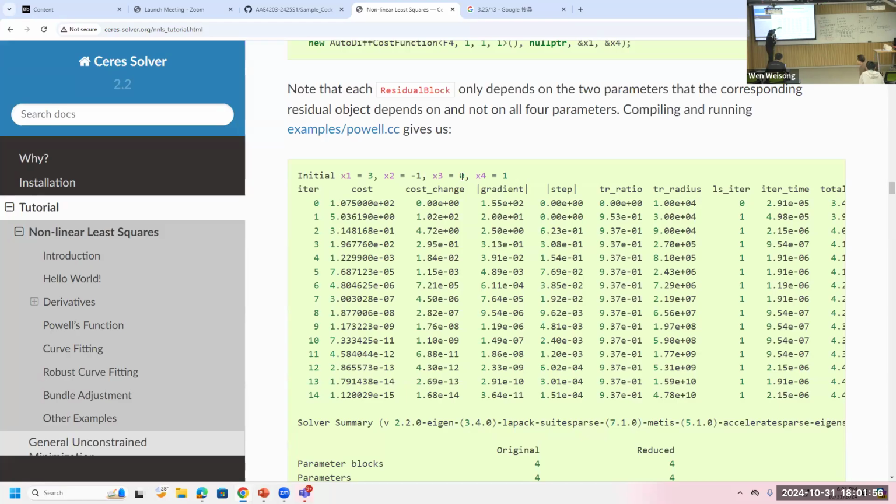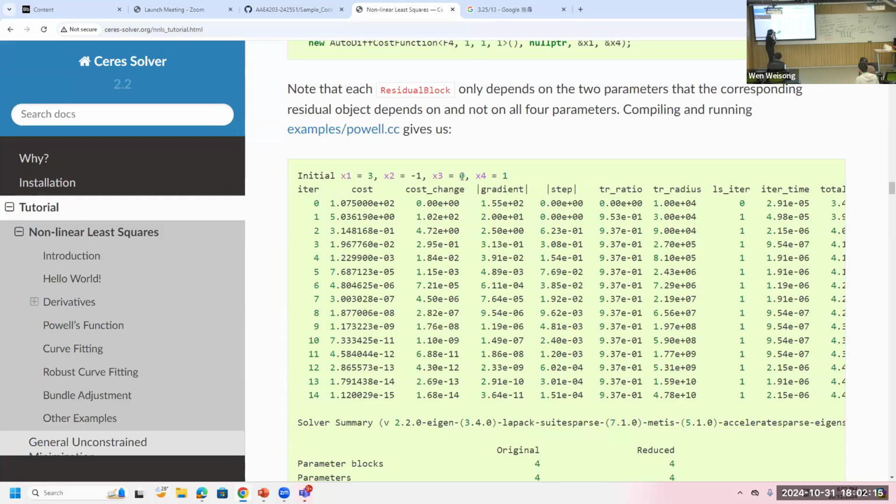In the coming iterations it's already quite small. As long as the cost is around 10 to the minus 4, that is good enough. At this stage, it has converged already.